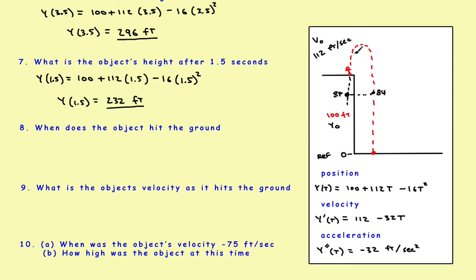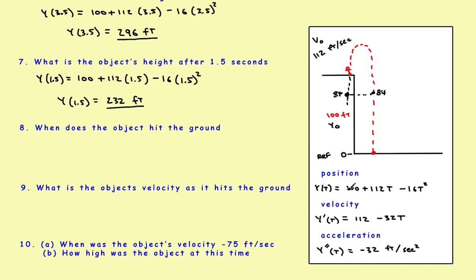Now again, at that point, it'd actually be going up, because it hits the maximum at 3.5 seconds. So at 1.5 seconds, it would be somewhere right in here going up, and its height would be 232 feet. But notice how easy calculus makes all these. You have 3 fairly simple equations, and you just pick the ones that you're interested in.